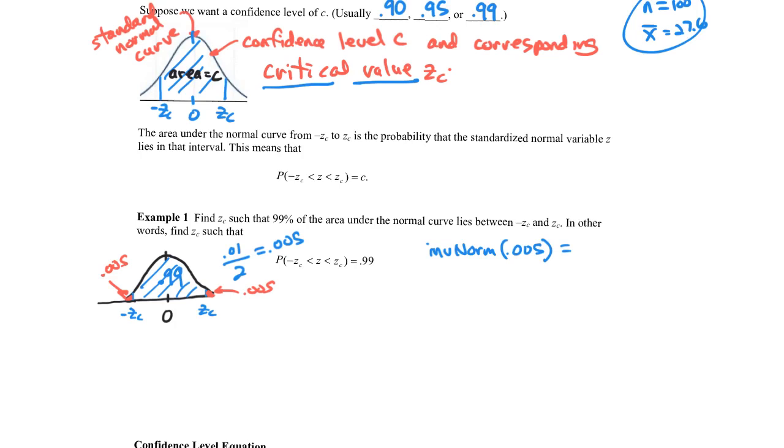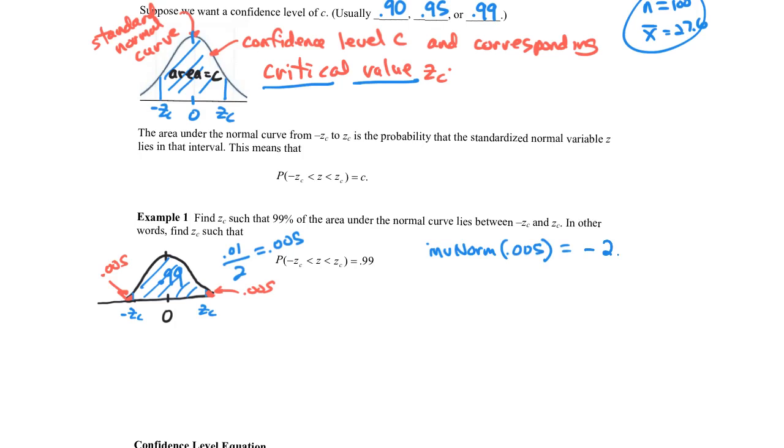And we covered this in class before, probably section 6.3 or so, we did the inverse norm. It's under the distribution menu, so on your calculator you would go second vars to get to all the distributions, and the third one down is inverse norm. And we just punch in 0.005, and it gives us this number. Now I'm going to round this to the second decimal place for a reason you'll see in a second.